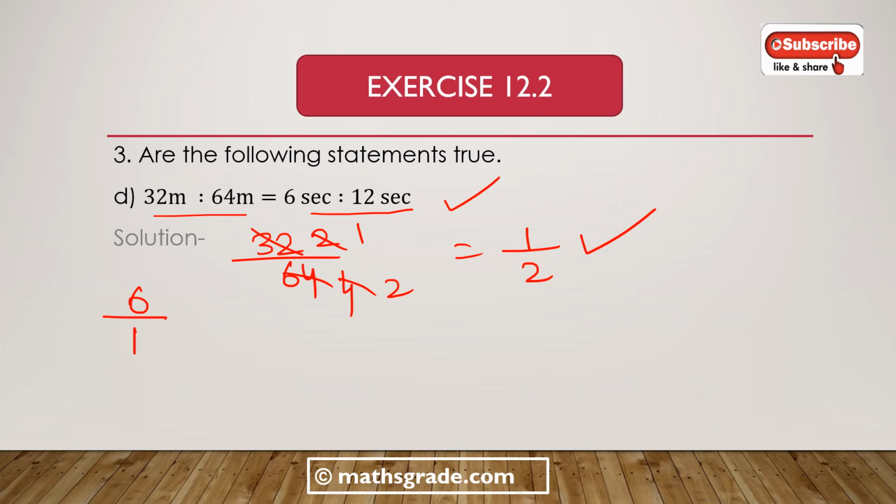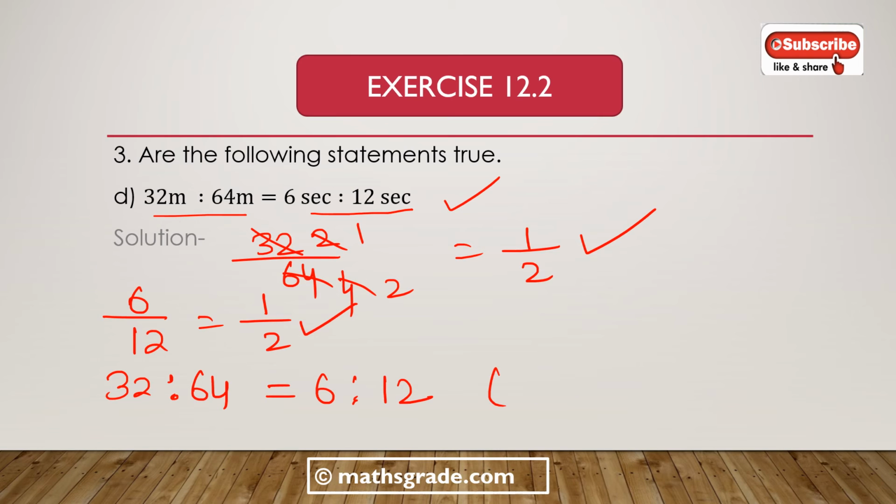And 6 divided by 12 is 1 divided by 2. So 32 is to 64 is equal to 6 is to 12. This is true.